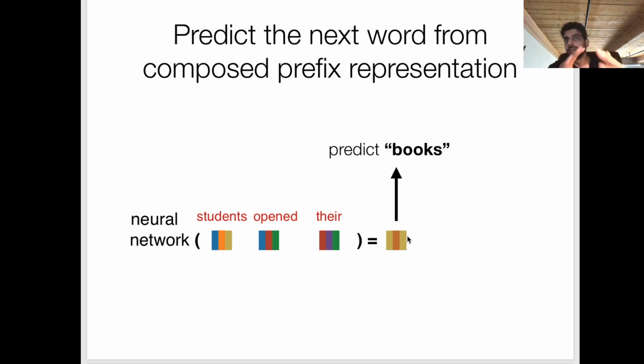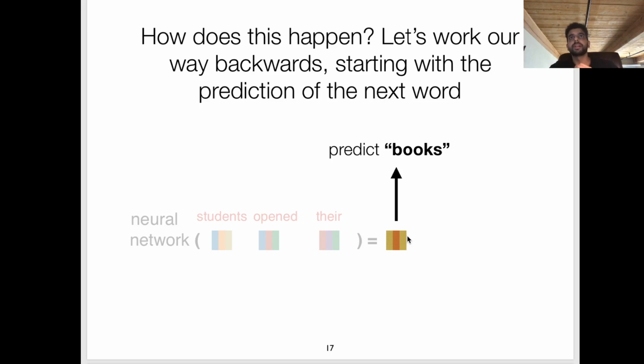So there are a lot of new concepts here that I'm going through pretty quickly. So I just want to break this down into smaller pieces. So let's start with how this prediction process happens. Right, so now I'm given this composed vector that represents the meaning, the semantics, the syntactic structure, etc. of this prefix students open there.